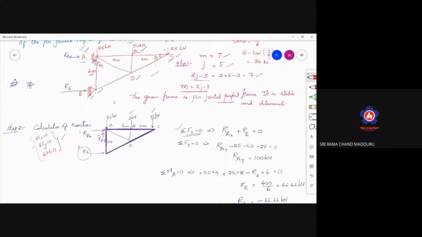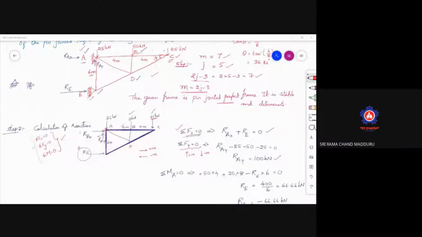We have considered sigma Fx is equal to 0. Right side will be considered positive, left side negative. From this you get an equation. Whereas sigma Fy is equal to 0, upward forces will be considered positive, downward forces negative. Considering this sign convention, we got the value of RAY.